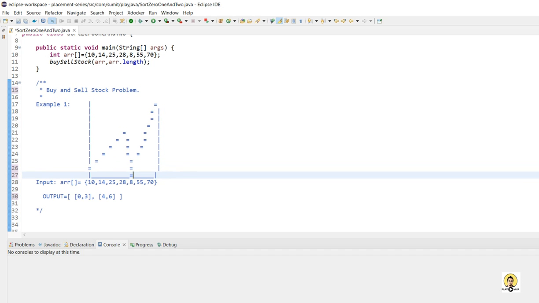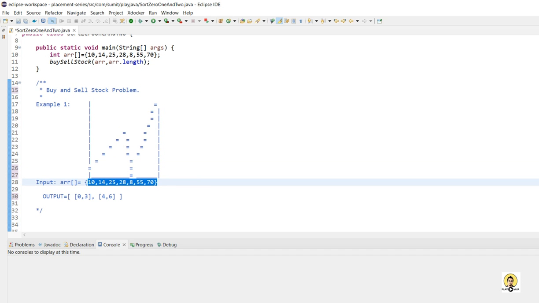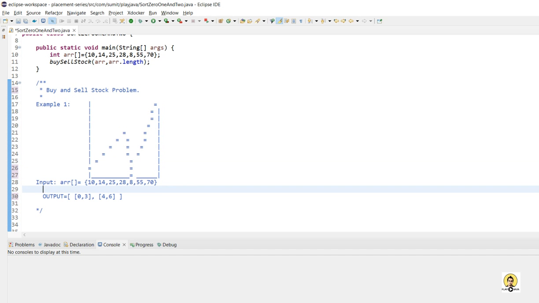The thing to understand is, we are given an array and the basic concept is to maximize the profit. So how can we maximize the profit? Suppose I buy at the lowest price, 10, and sell at the increased price, 28, at this point, then I will get a certain profit.